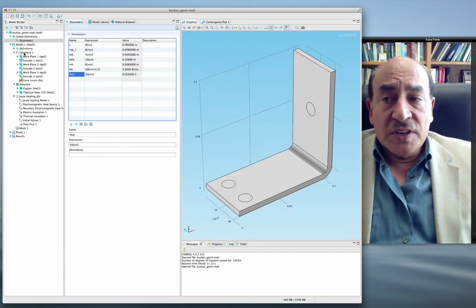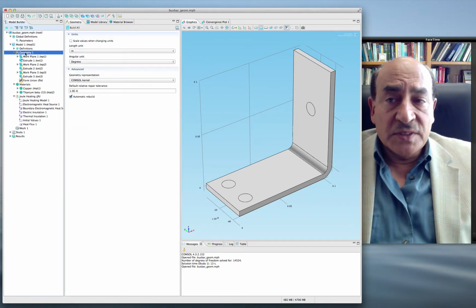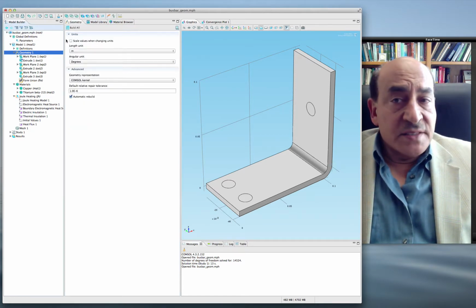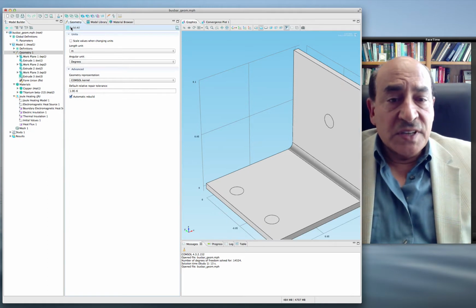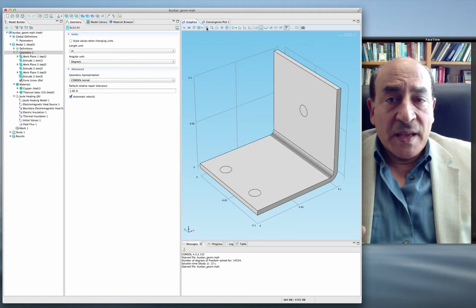So let's go to geometry to see what's happening. Since I changed the width to 10, let me build it just to make sure that it went through the change. And you can see right away that it did and made it a wider bus bar.